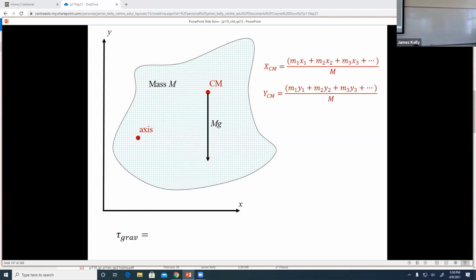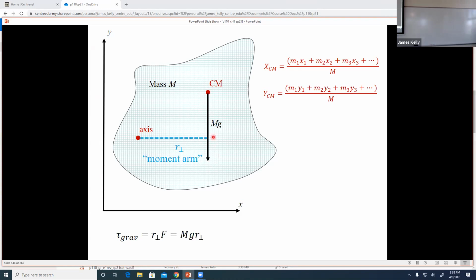We know that's not true. Little bits of force are being exerted on all the little bits of mass all over the place. But we can calculate as if the entire force on the entire object is being exerted at the center of mass. And that's a great simplification for calculating torques, where the force is distributed over the object.